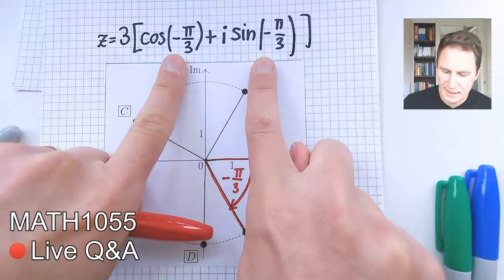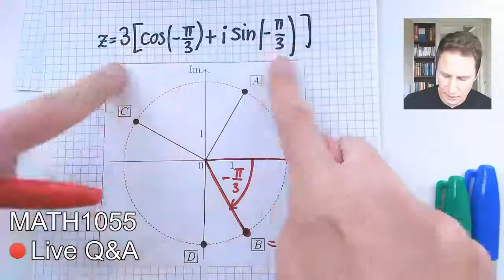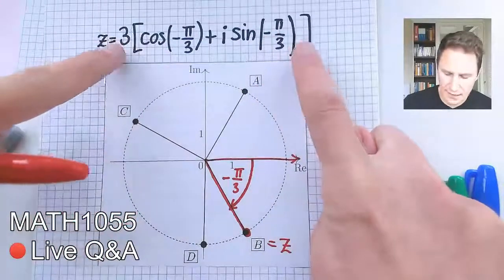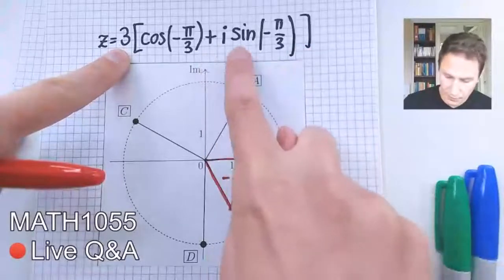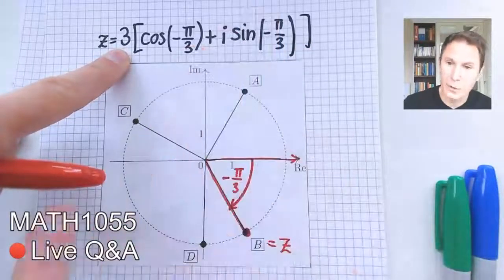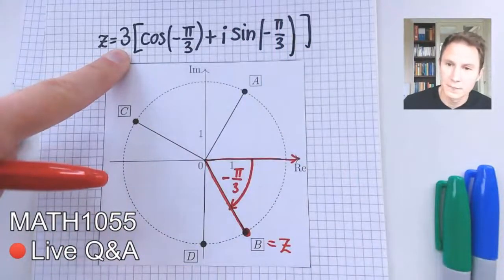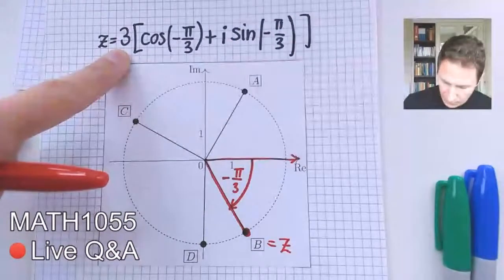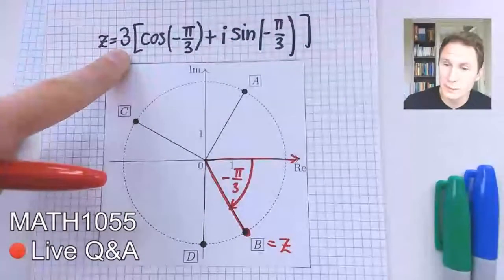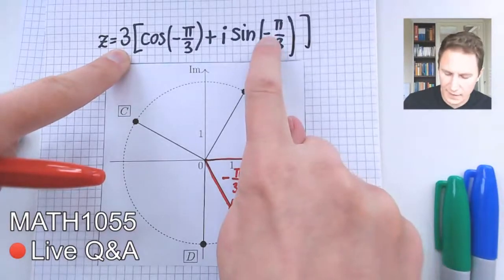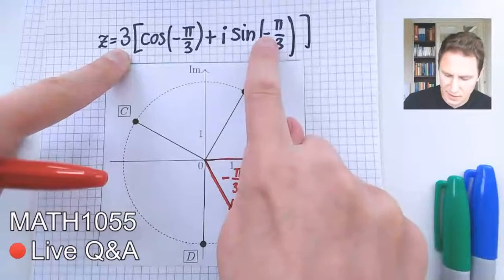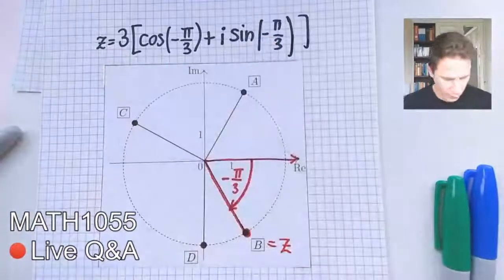The point is that this number will have a negative imaginary part, because the sine of pi over 3 is positive, it is root 3 over 2, if you remember. And we have this minus sign here. So it's minus root 3 over 2.